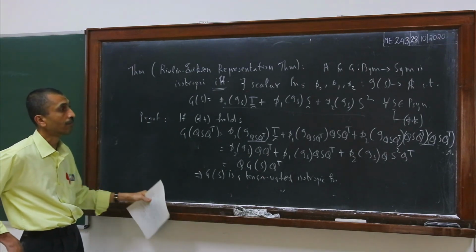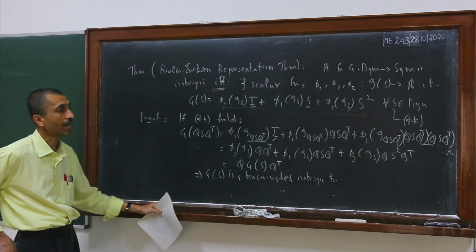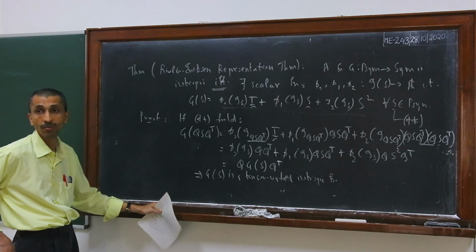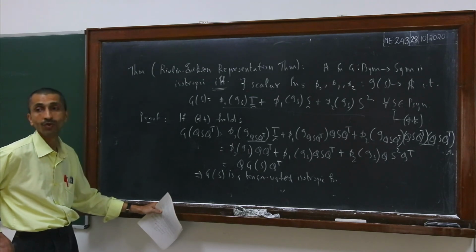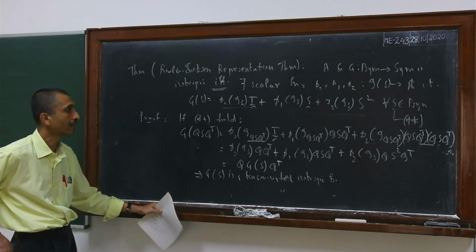But the problem is that we do not know that it has to be a polynomial function, so we cannot assume that, and hence the proof is very difficult. That we will see in the next class.